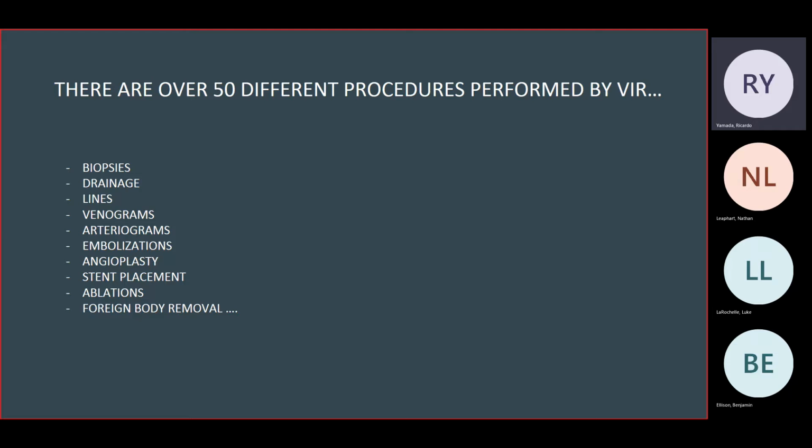That includes biopsies, drainage lines, venograms, arteriograms, embolizations, angioplasty, stent placement, ablations, foreign body removal. It's a very long list of procedures that we regularly do in adult patients, and all of those procedures can also be performed in kids. It doesn't matter which one, I can tell you that I've performed all of those in our pediatric population here.